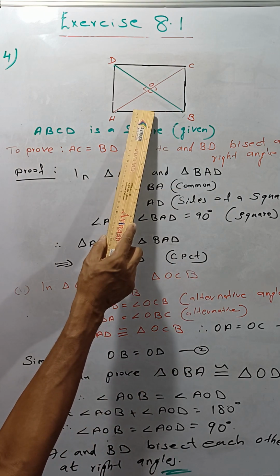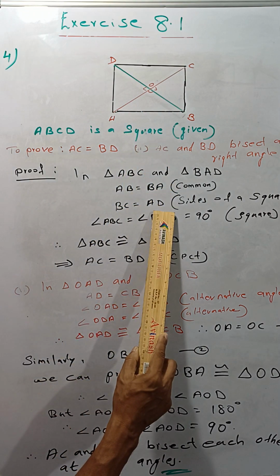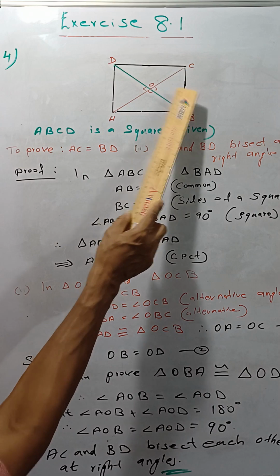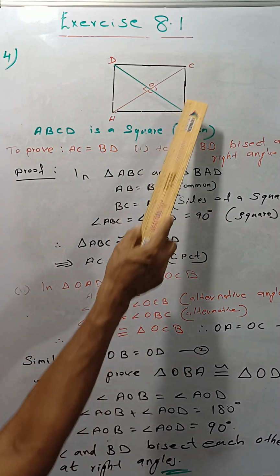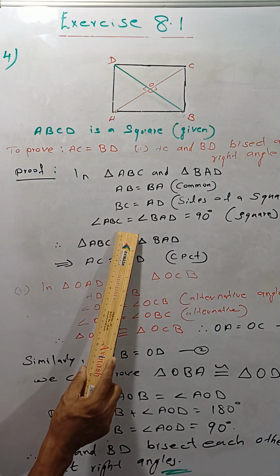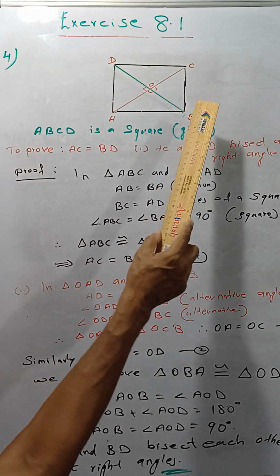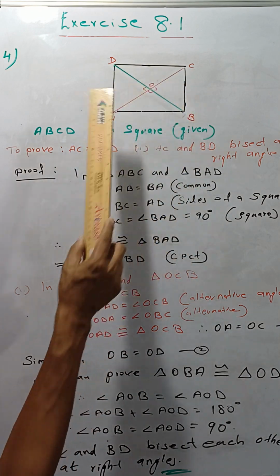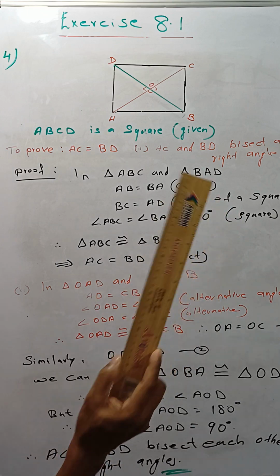BC is equal to AD, these are sides of the square. These two sides are equal because it is a square. And angle ABC is equal to angle BAD. These two angles are equal because it is given that it is a square, and that angle is 90 degrees.